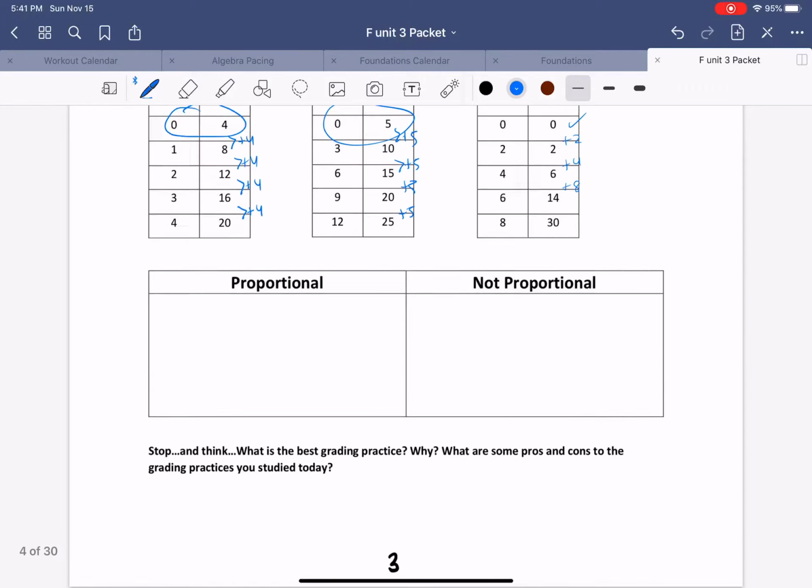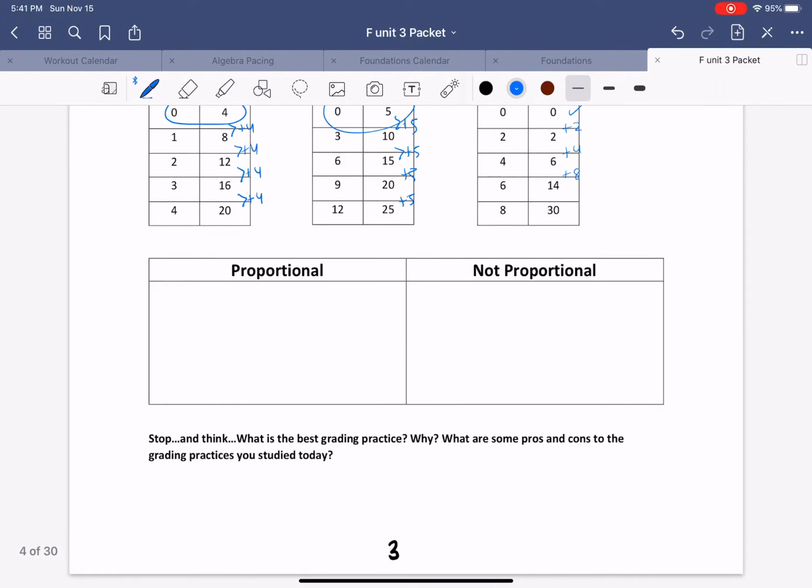not proportional. So we can conclude that something is proportional if it's a straight line, constant adding, goes through the origin, or starts at 0.